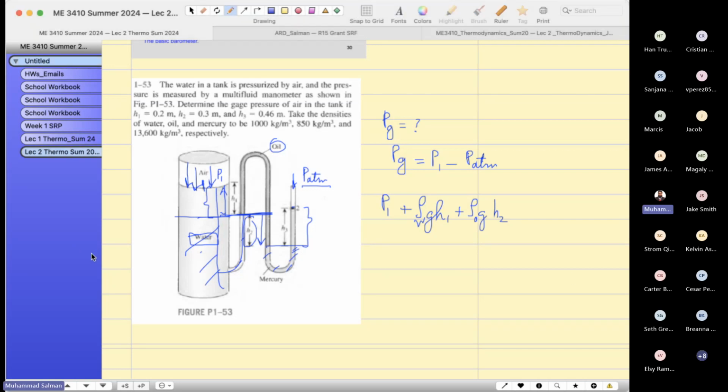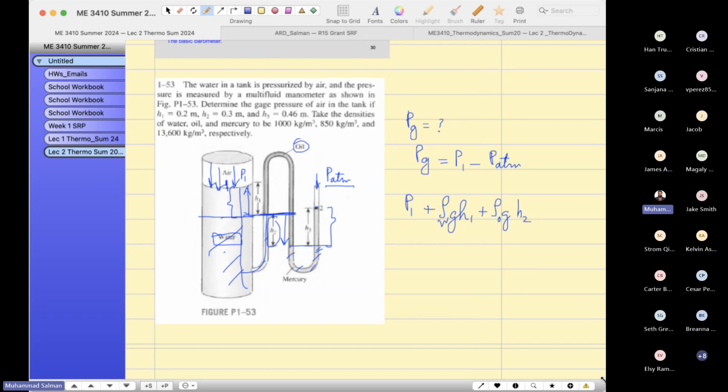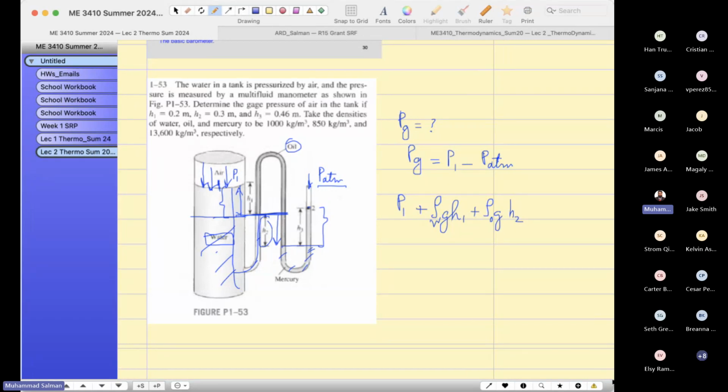This is important. If you understood this concept, it will help you solve the problems. For the third case, H3, it is mercury. Is the pressure head, you will add that pressure head or subtract, negative sign or positive sign?